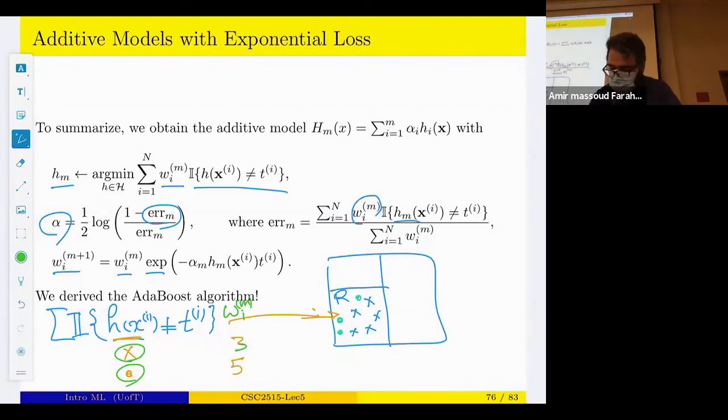For example, it might be 2.7 in one case, and in another case 1.5. In that case, you choose the label for that region that has the minimum error.